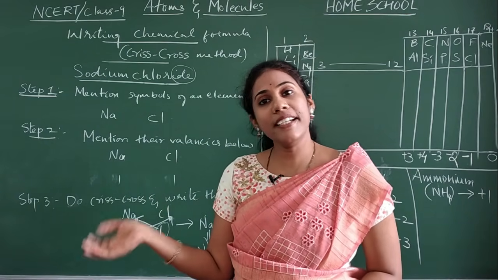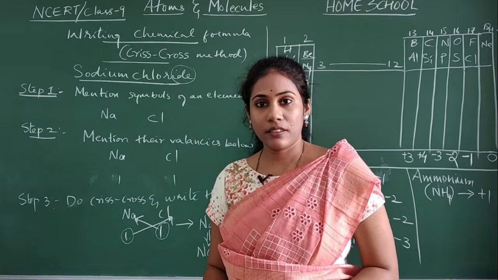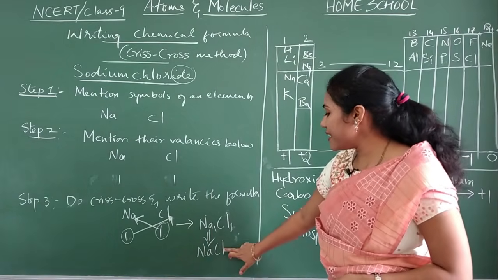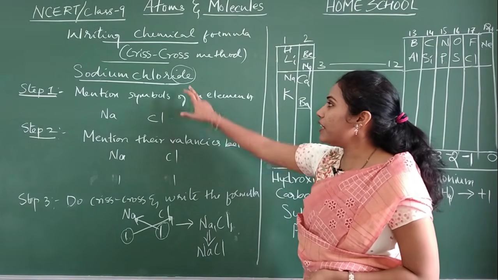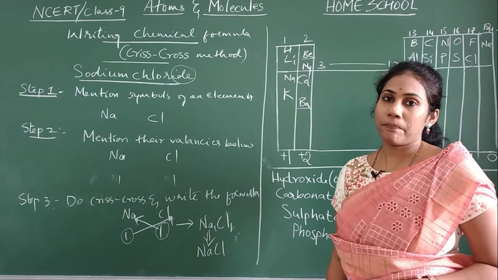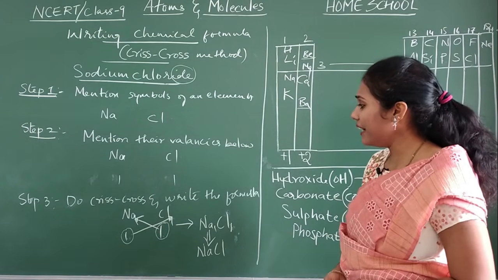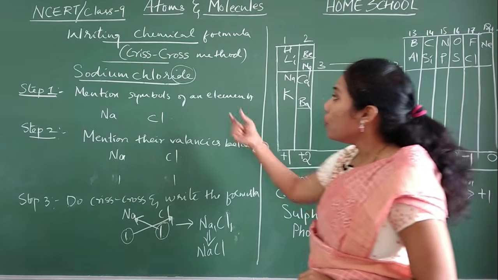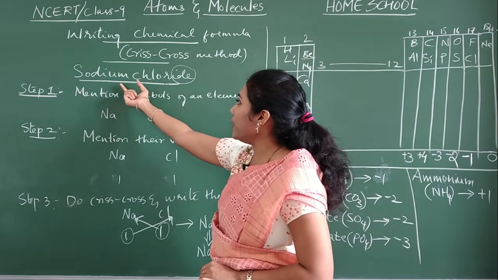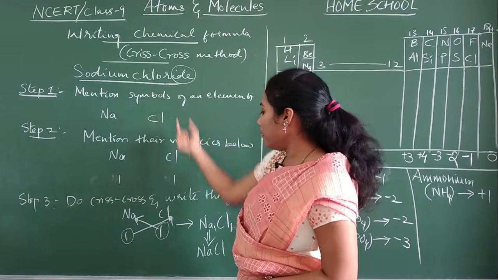If nothing is there, it is understood that there is 1. Clear? So NaCl is the formula for sodium chloride. Okay, clear everybody? Fine.